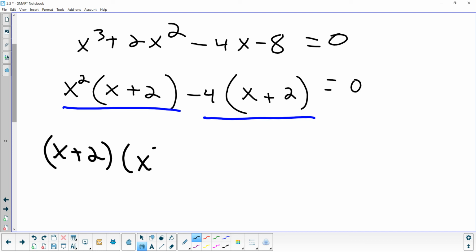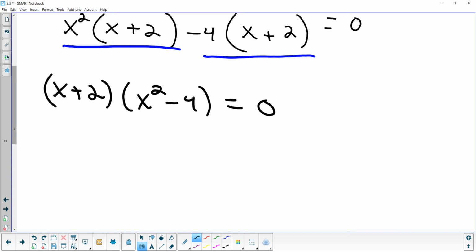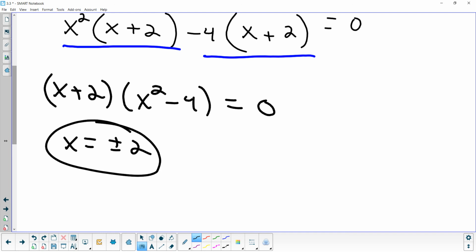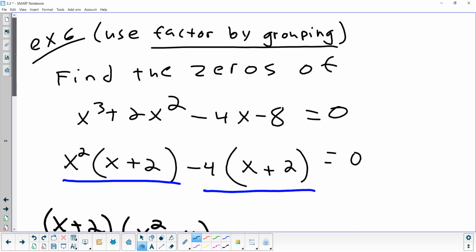And what if you take it out of the second one? -4. Now, all we have to do is solve for the zeros, which in this case, I'll tell you they are positive and negative 2, if you solve each one of those. And that's it. That's factor by grouping.